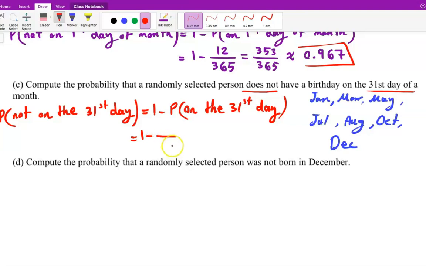That's 1 minus, here again, denominator is 365. And here in total we have 7 months. Okay, round that, it is 0.981.